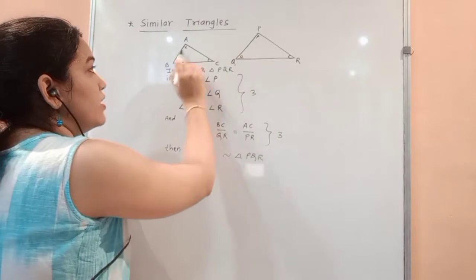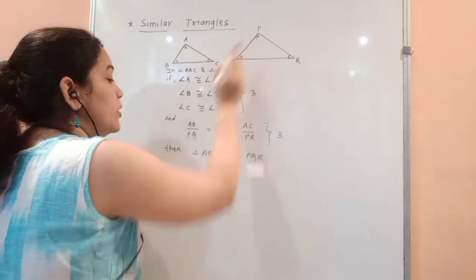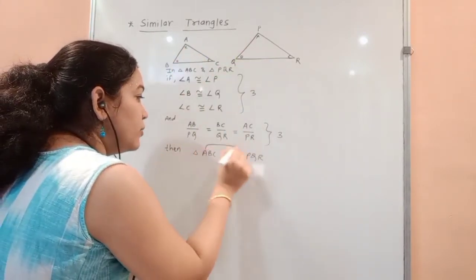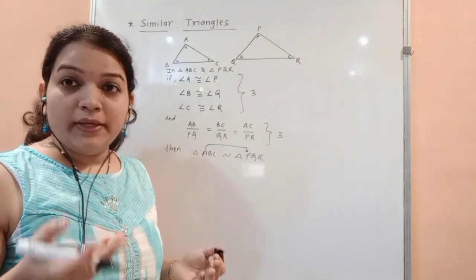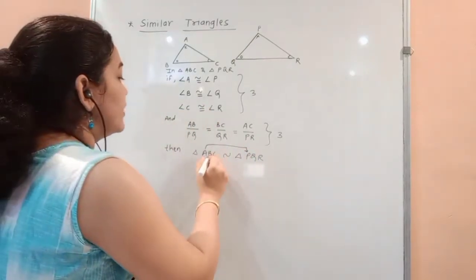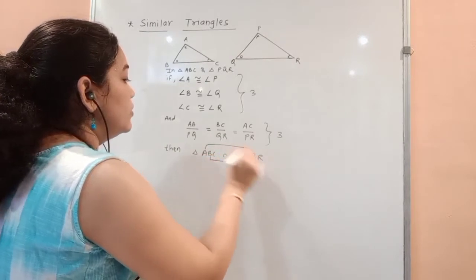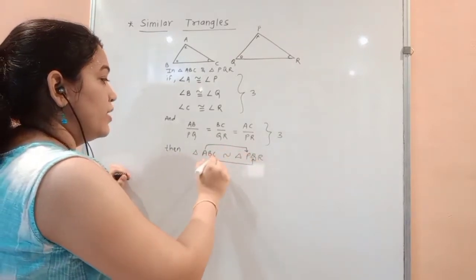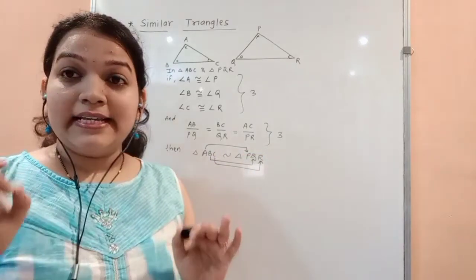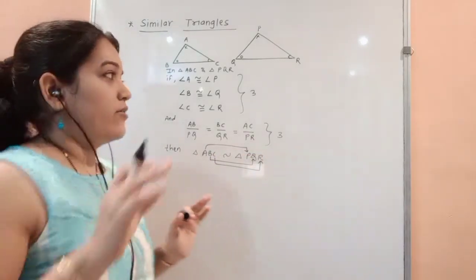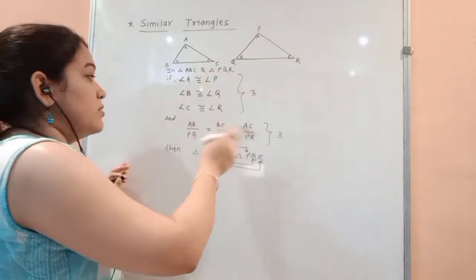See here, which angle is congruent to which angle? A is congruent to P, so I need to write A corresponding to P, then B congruent to Q, so B Q, and lastly C and R. So correspondence is very important while writing congruency or similarity.